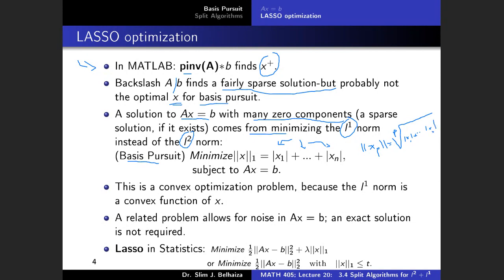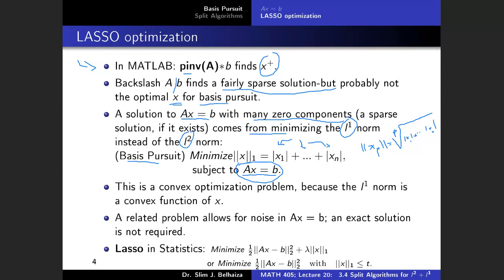When you talk about P equals 1, so the L1 norm, you're just summing up the absolute values. Okay? So in the basis pursuit problem, we minimize the L1 norm subject to AX equals B. Basically, we're looking for the X that solves our problem AX equals B, but which has a minimum L1 norm. Well, in fact, this is a convex optimization problem.